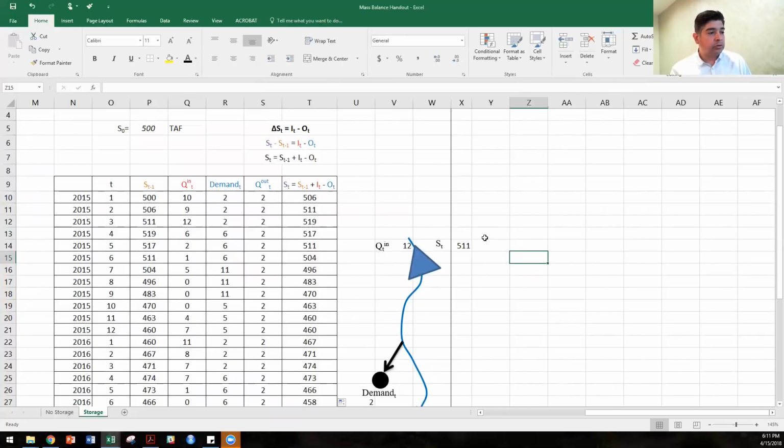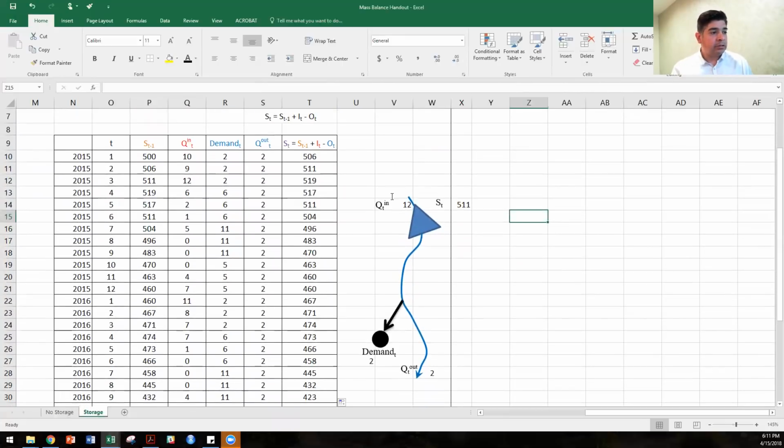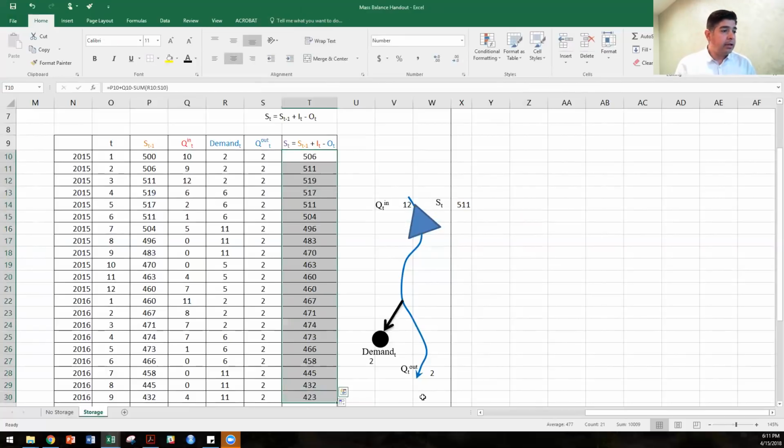In this case, our control volume was the water above the reservoir and below the reservoir. We use the mass balance usually to estimate one of the unknown variables. In this case, we knew most of the variables, or we proposed some of them. The one that we were calculating was the storage at the end of the time step.